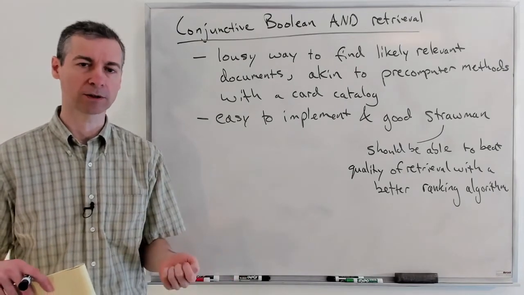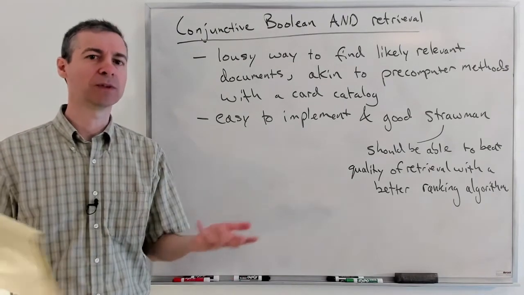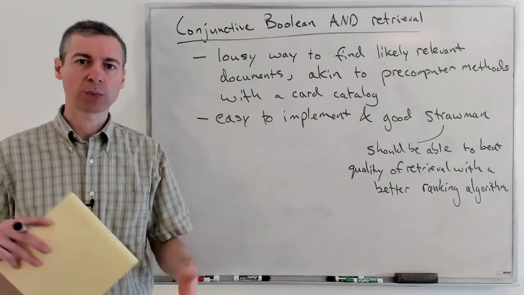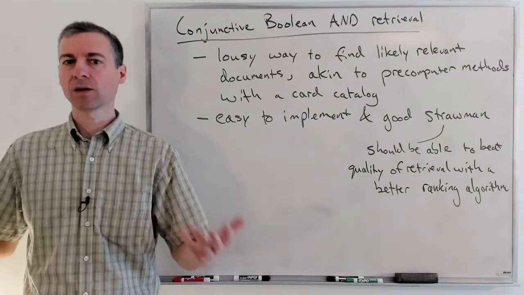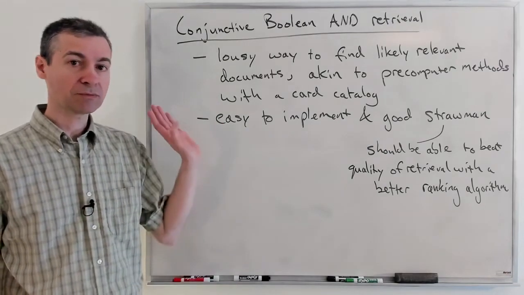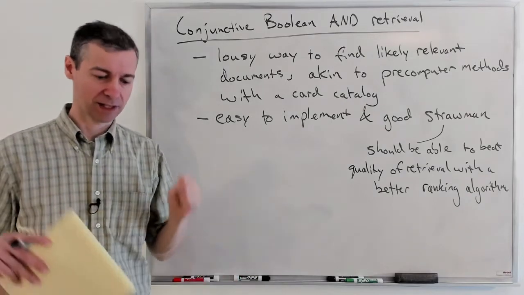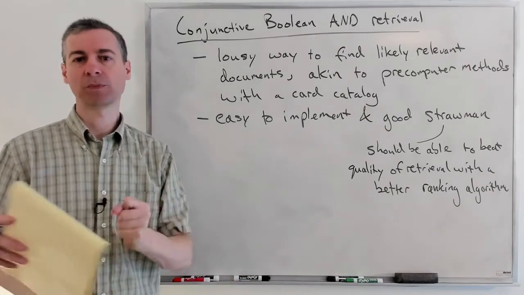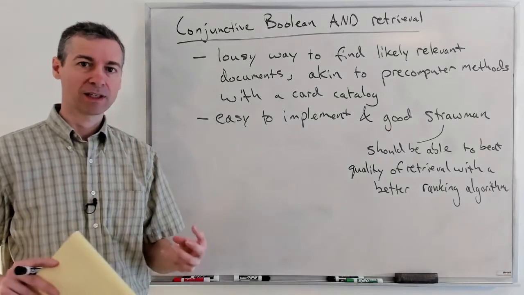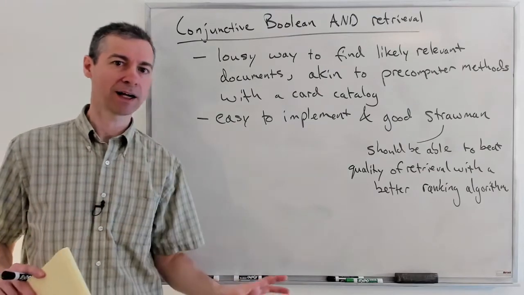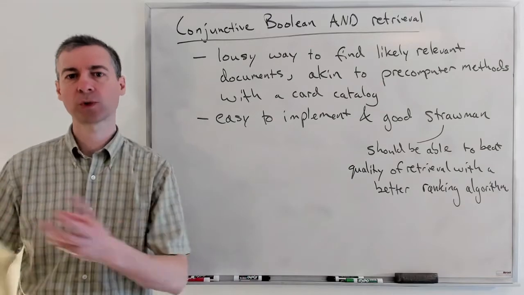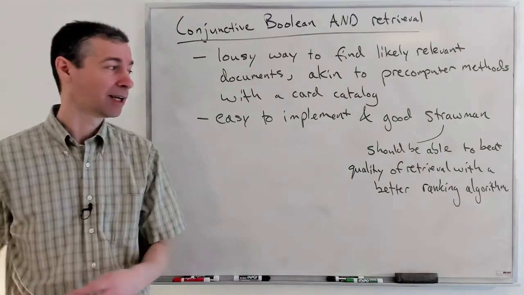When we were left with the equivalent of Boolean AND retrieval in the pre-computer era, we now are able to do so much better. So, do not think that this is what information retrieval is and the course is over, okay? This is like going back in time to establish a baseline at which we can measure how much we have improved since then, all right?